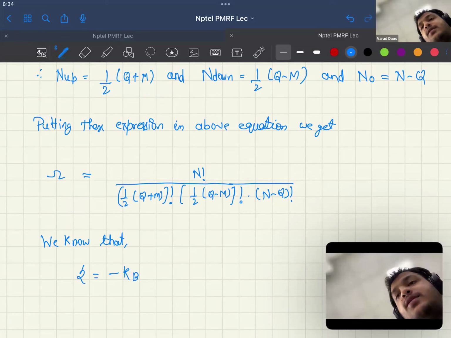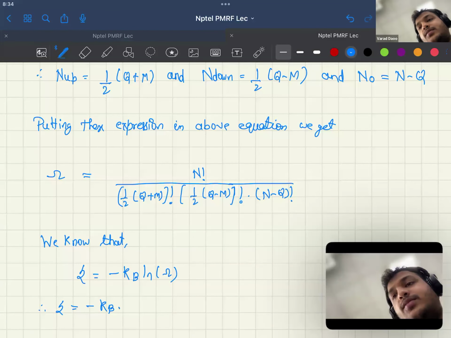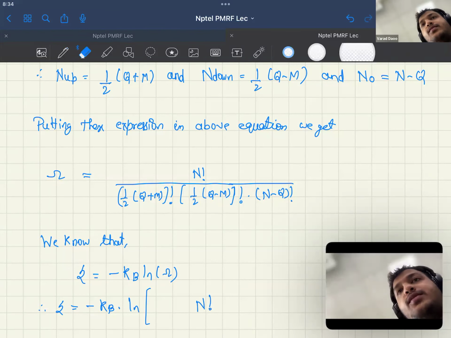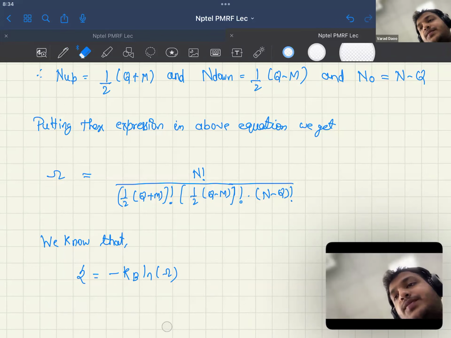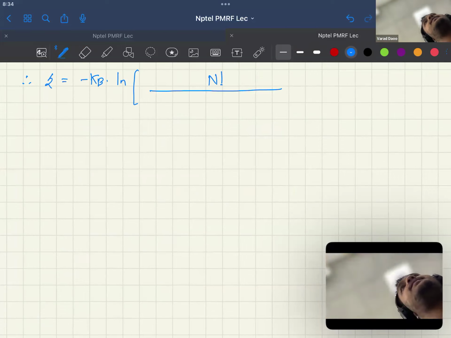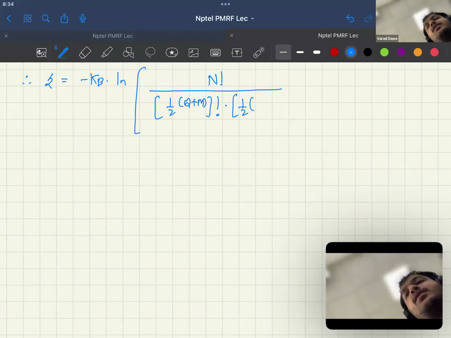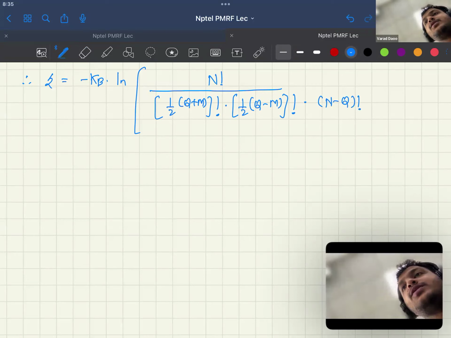Okay, and then we also know that entropy is equal to minus kB ln omega, right? Therefore, entropy is equal to minus kB into ln of N factorial divided by half of Q plus M factorial multiplied by half of Q minus M factorial multiplied by N minus Q factorial.